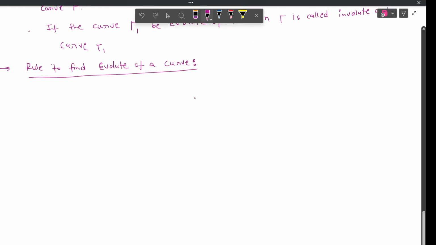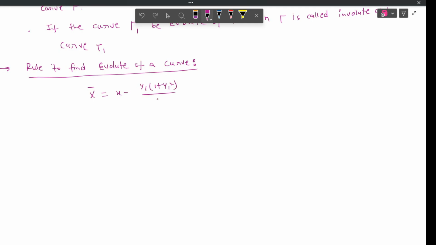See, we already know how to find x bar and y bar, that is the center of curvature of the curve, right? We know x bar is x minus y1 into (1 plus y1 square) by y2, and y bar is y plus (1 plus y1 square) by y2.